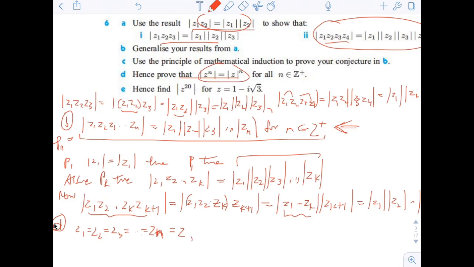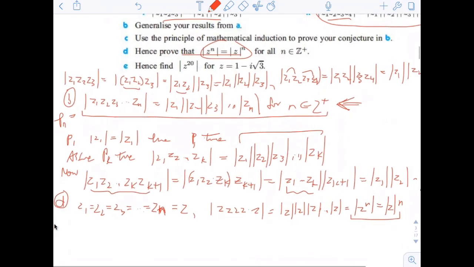And if that's the case, then we could say that z times z times z, all the way to the last z, is equal to the modulus of z to the n. Or maybe before I'd say that, I'd say the modulus of z times the modulus of z, all the way to the modulus of z. And I have n z's multiplied together inside the modulus, and I have n moduluses multiplied together n times. So I've proven it.